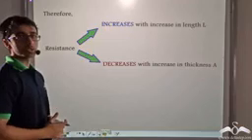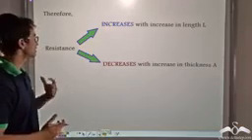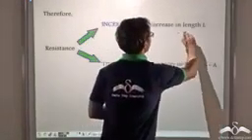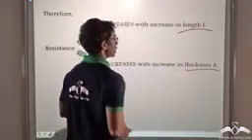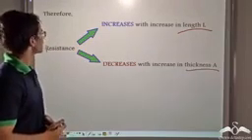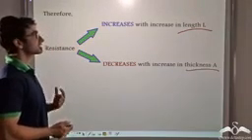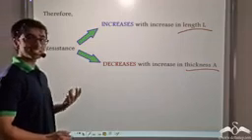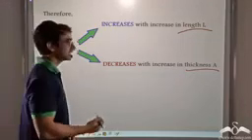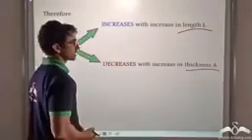So thus we found out two relations as far as resistance is concerned. Its relation with the length L and its relation with the thickness or the area of cross section A. What did we find out? We found that resistance increases with an increase in length and resistance decreases with an increase in thickness or area of cross section.